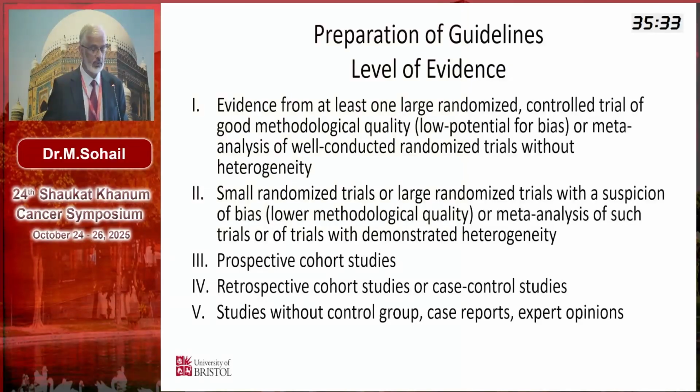If the study was large, randomized, controlled, with low potential for bias, or if it was a meta-analysis of randomized trials without heterogeneity, they grouped it as the strongest evidence, level 1. But if the trials were small and there was suspicion of some bias, or if they were meta-analyses with some heterogeneity, they graded it as a slightly lower level, level 2.